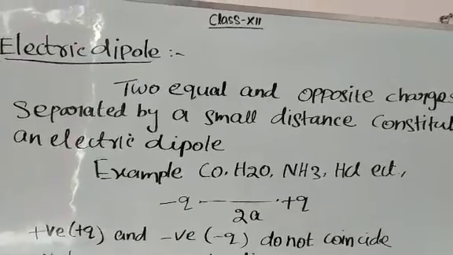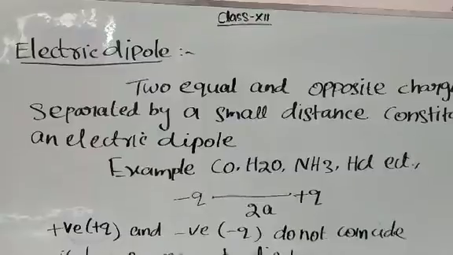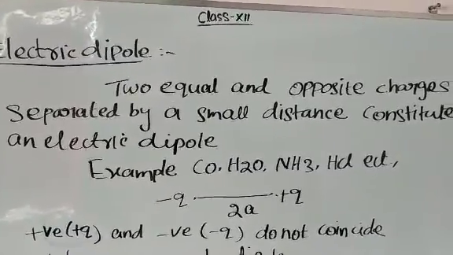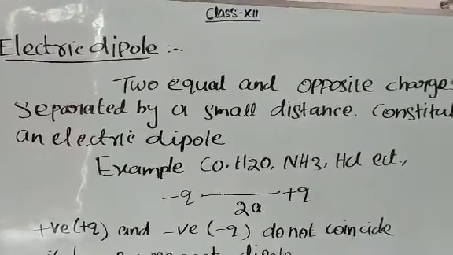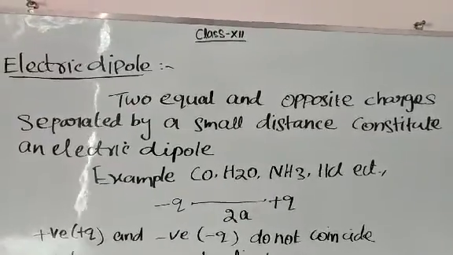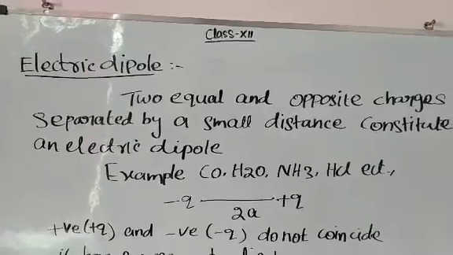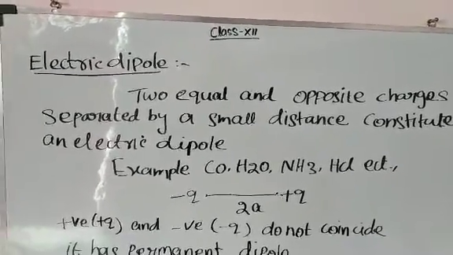Next topic is electric dipole. It's a very important 2-mark question. What is an electric dipole? Two equal and opposite charges separated by a small distance constitute an electric dipole. Examples: carbon monoxide, hydrogen, water molecule H2O, ammonia NH3, hydrochloric acid HCl.